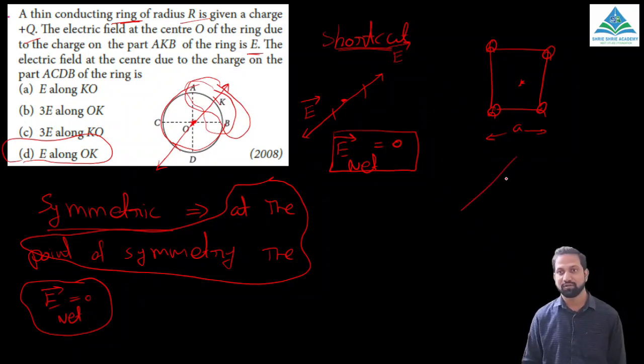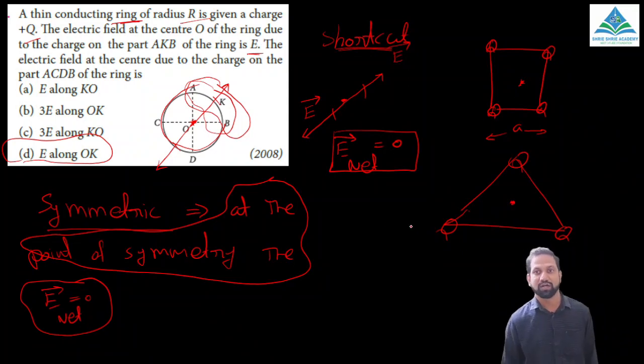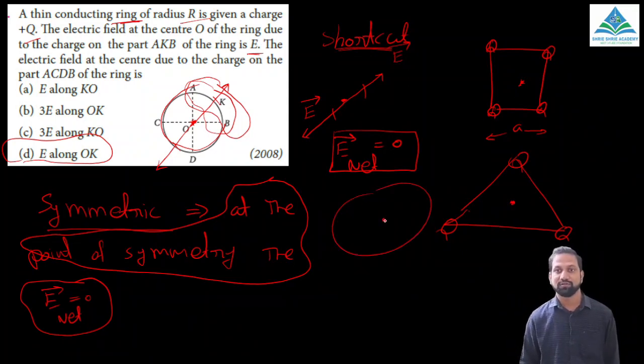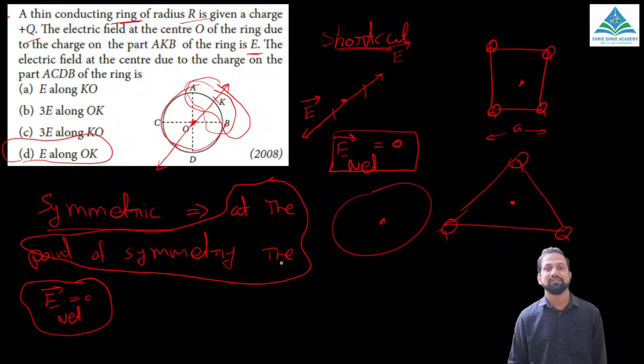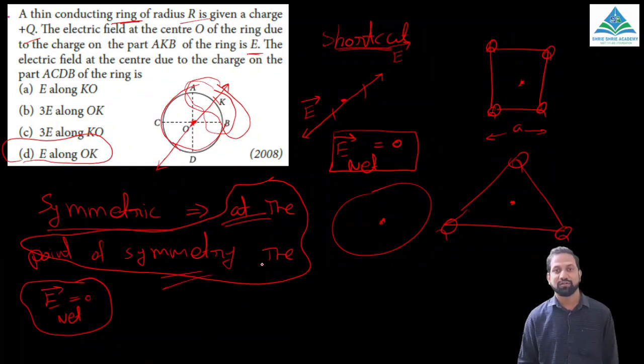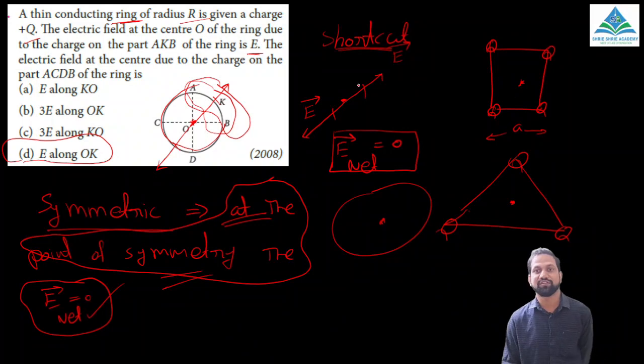Similarly, you can have an equilateral triangle, and at each vertex you can place an equal amount of charge, and at the center of the triangle the net field should be 0. Also a sphere you can have, a uniformly charged sphere, and at the center of the sphere the net field should again be 0. I hope you got it. So always at the point of symmetry the net field should become 0. This thing we can use as a shortcut, right?